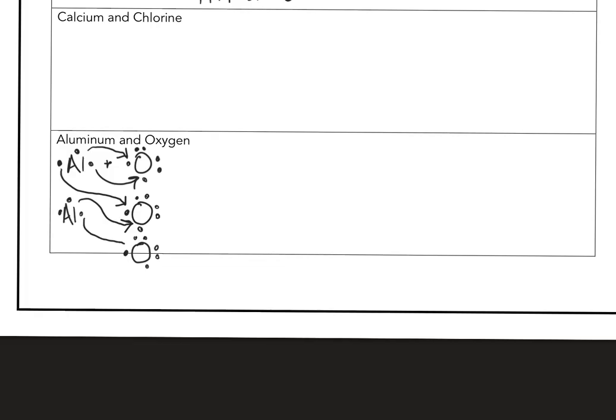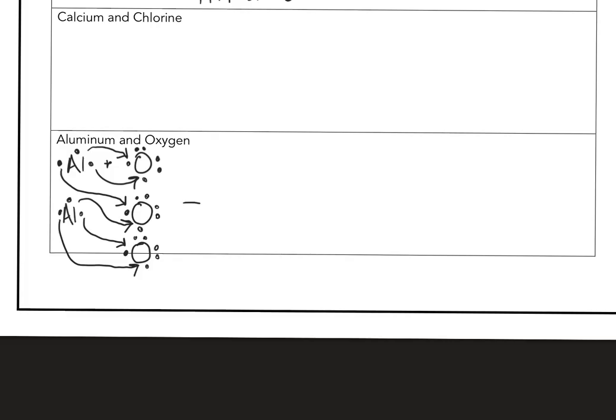So this is where it's really important to keep your work organized and make sure you are being very clear with your dots and arrows, because if it all looks mixed together, it's kind of unclear what you're doing. So now I'm just going to double check that all of my aluminums are getting rid of their valence electrons and all my oxygens are gaining valence electrons.